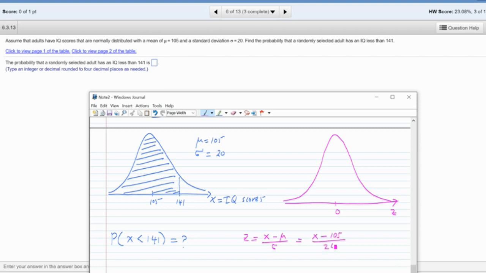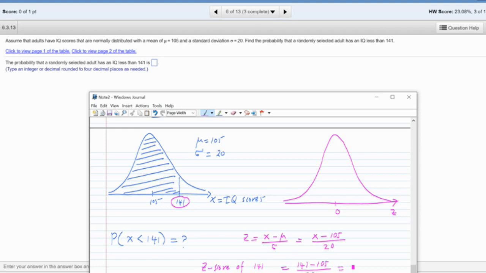If we have to convert 141 to a z value, the z score of 141 equals 141 minus 105 over 20, right?